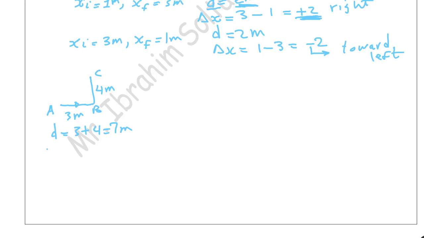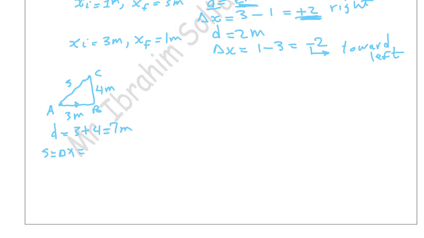About displacement, you can call it s or delta x, whatever. It is the shortest line between the initial and final points, between the start point and the final point. So this is what we call the displacement.